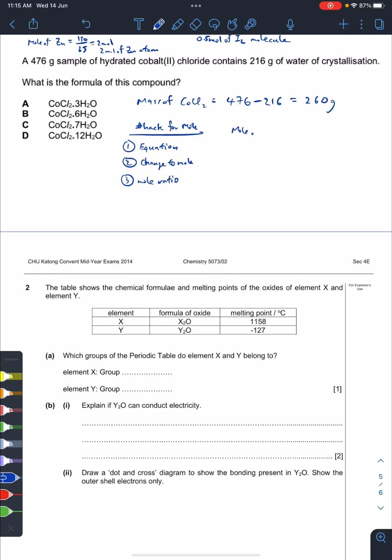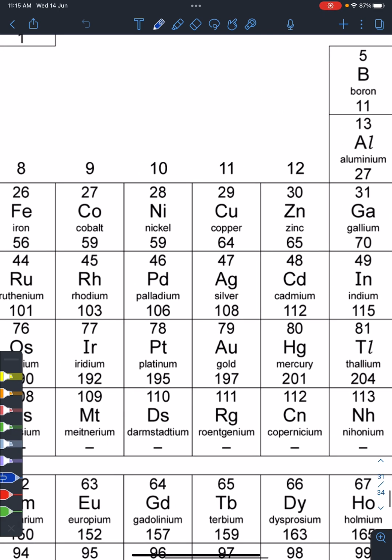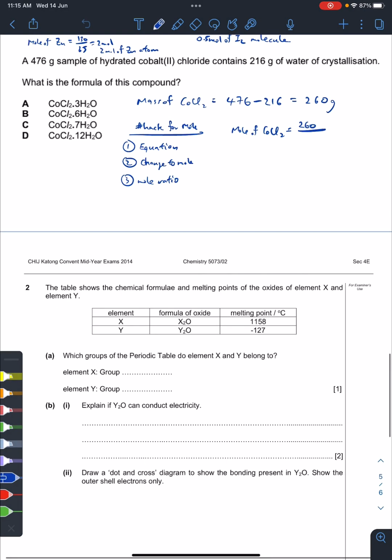So mole of CoCl2 is 260 divided by, okay, need to check. Cobalt 59, sure. So 59 plus 2 bracket 35.5, equal to 260 divided by 130. That's 2 mole.